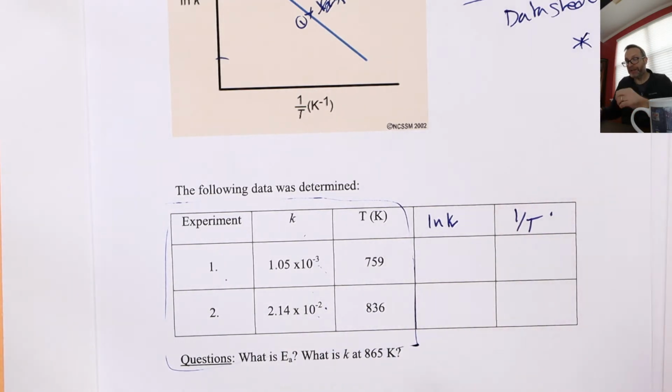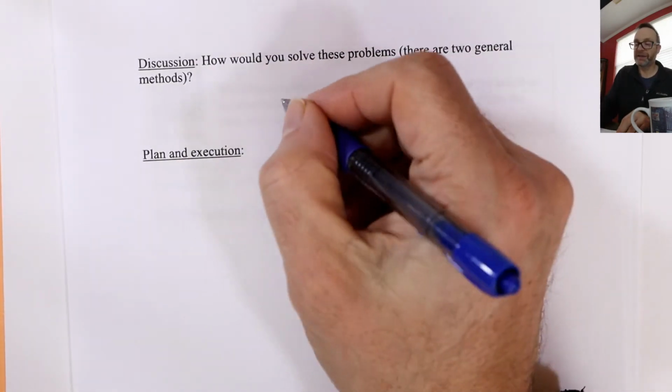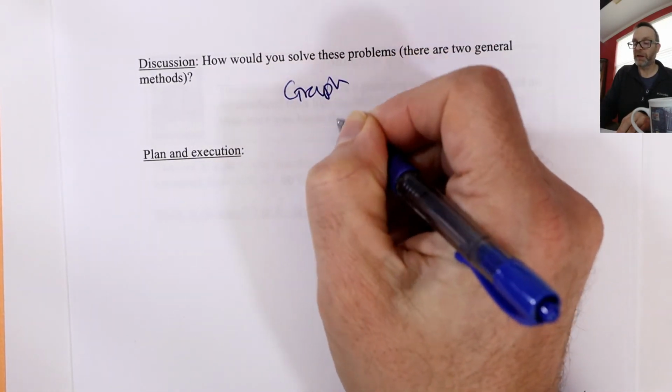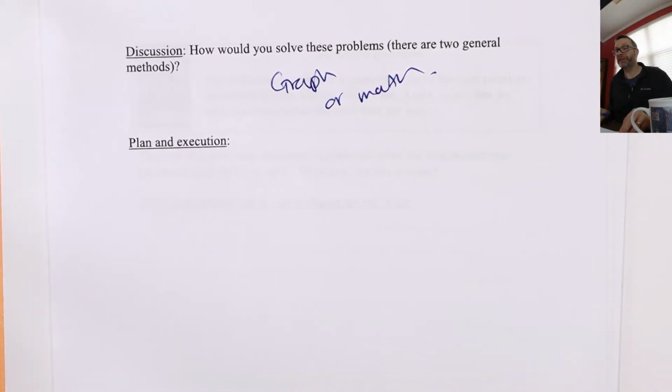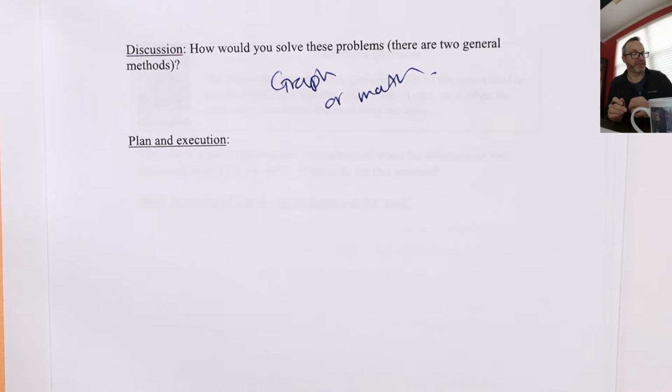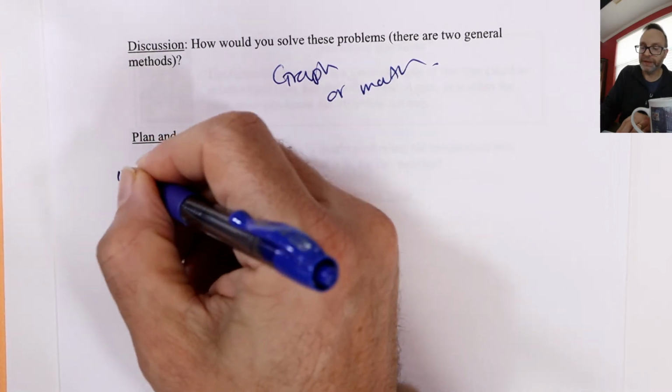So let's look at it. Two ways to do it, right? Graph or math. On a test, obviously, there's going to be some numbers in front of you, right? So we're going to do the math method first.